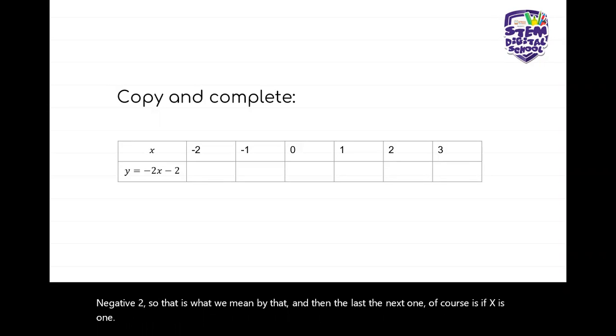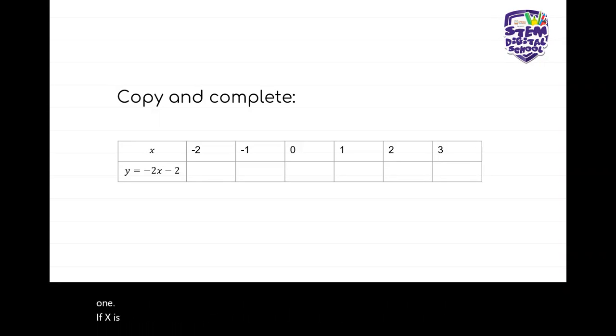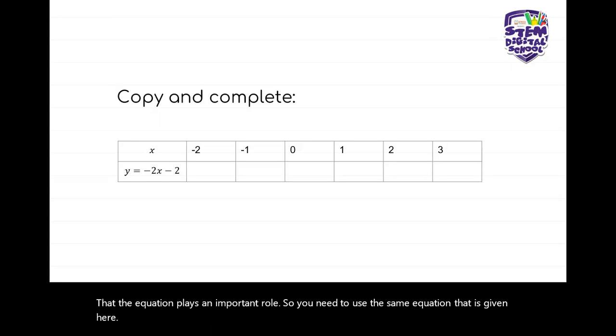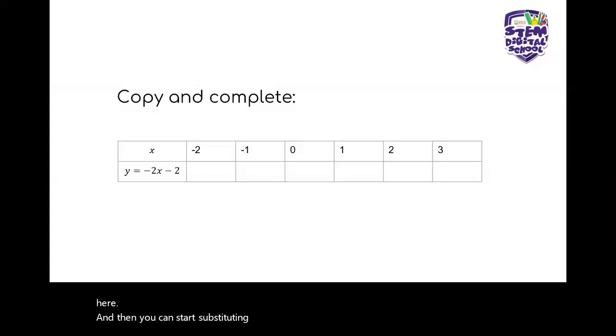If x is 1, let's calculate now the value of y. As always, you need to remember that the equation plays an important role. So you need to use the same equation that is given here, and then you can start substituting now. Remember that when you substitute, where there is x, you are going to put 1.